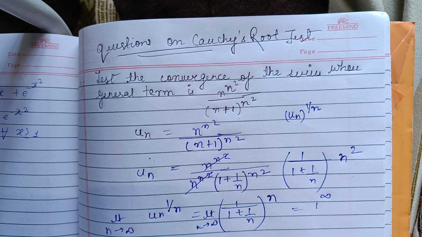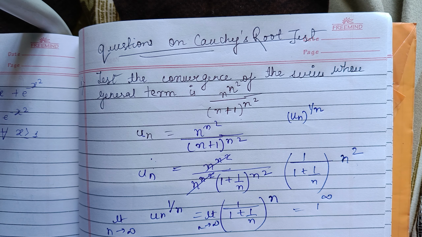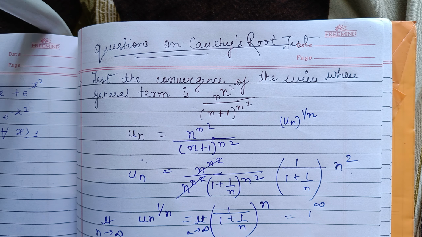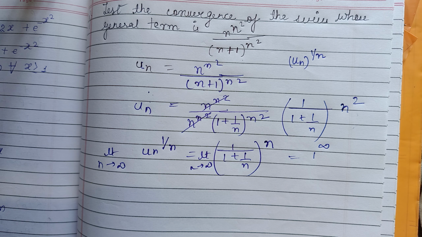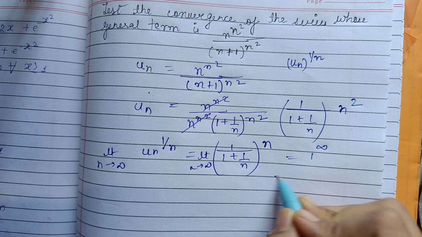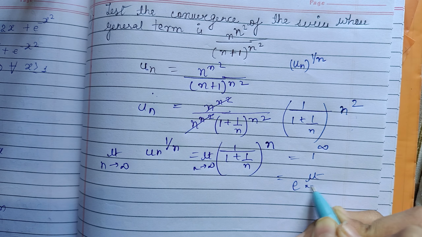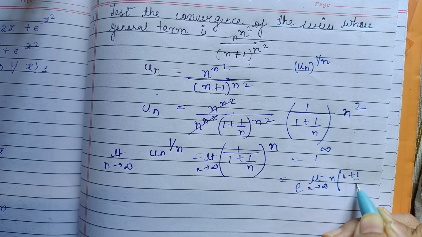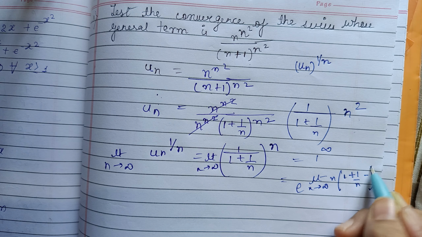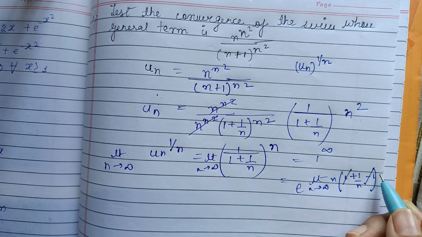I told you guys about how you will do the approach, how you are going to solve the 1 to the power infinity form. I hope you guys remembered those steps. e to the power limit n tends to infinity of 1 plus 1 upon n minus 1, times n. So 1 minus 1.